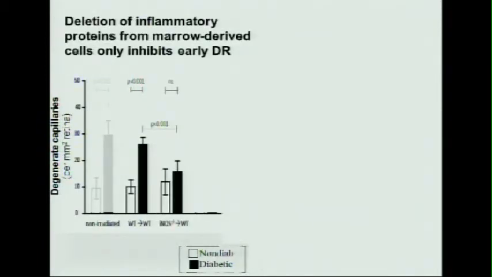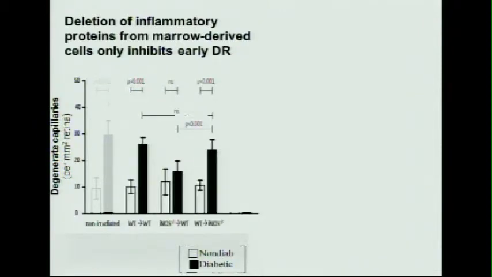But if you put in white blood cells that lack this inflammatory protein, the capillary degeneration is very significantly inhibited. If you do the opposite, the whole animal lacks iNOS, but only the white blood cells have it, the retinopathy is back. That pretty strongly indicates that it is the white blood cells that are initiating this pathologic response to kill the retinal capillaries.